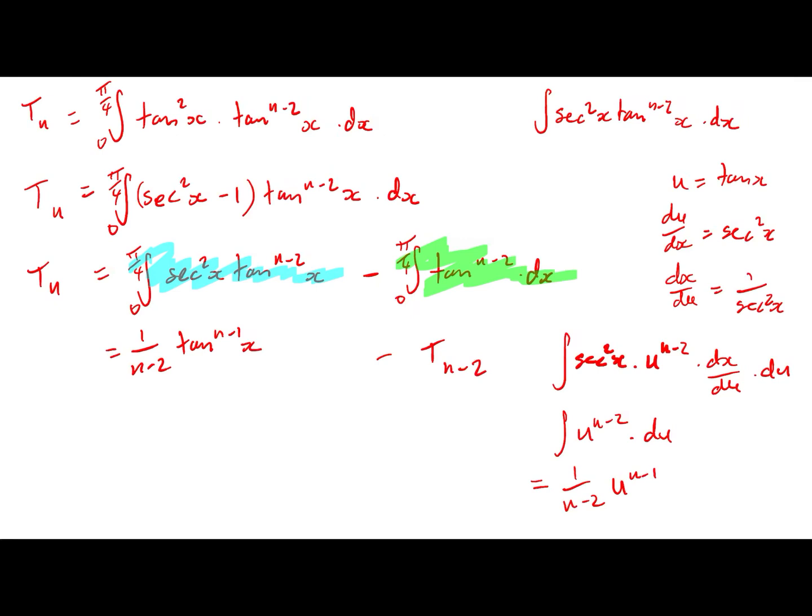Okay, so, and that has to be between pi over 4 and 0. Okay, now tan of pi over 4 is equal to 1. So 1 to any power is also going to be equal to 1. So, hang on, what have I done here? Sorry, that's a mistake. That should be n minus 1. Okay, it should be n minus 1, not n minus 2. I did my integration here wrong.